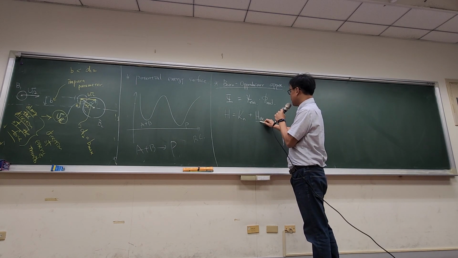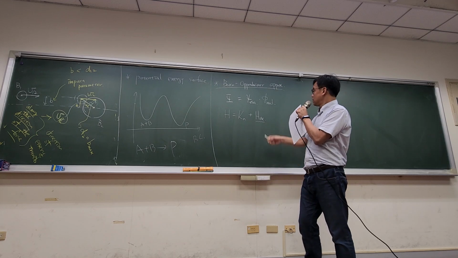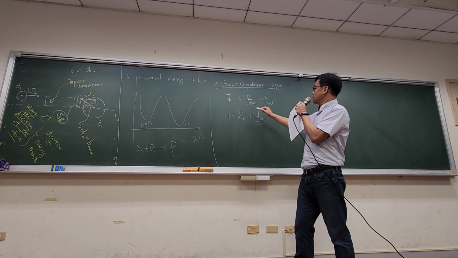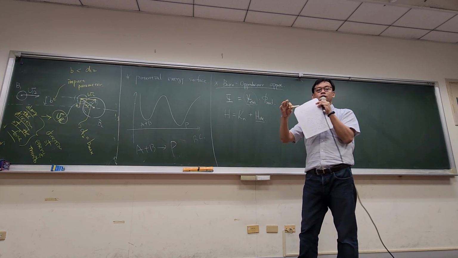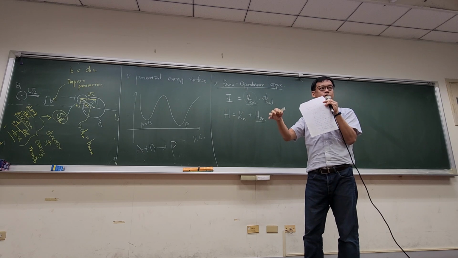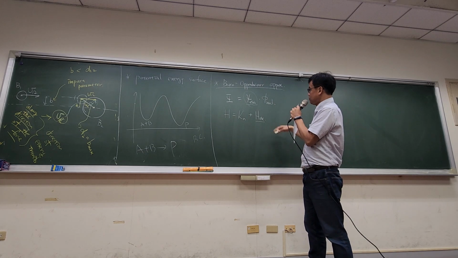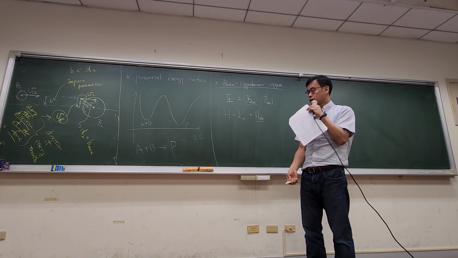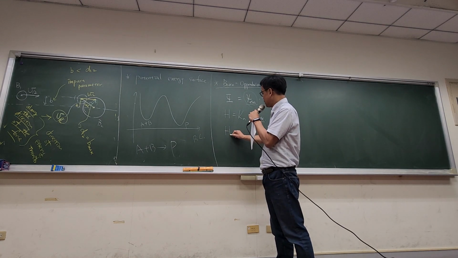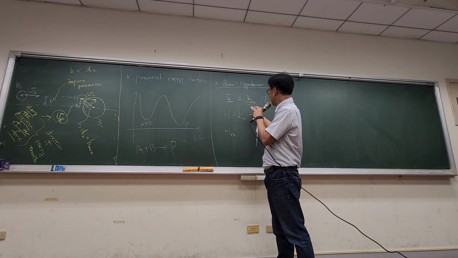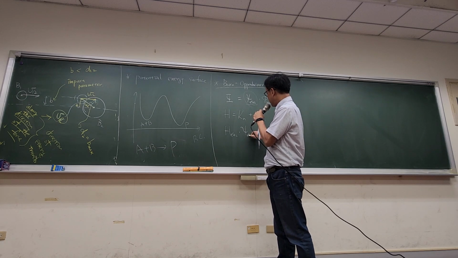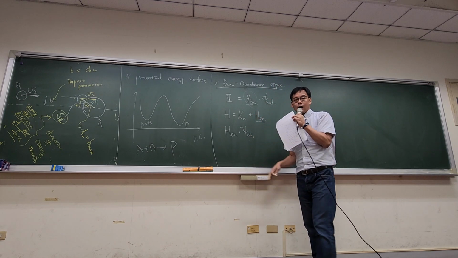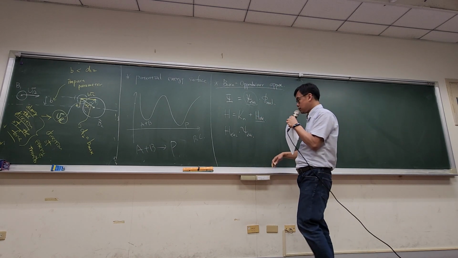And your electronic Hamiltonian solves the electrons in the ground state, an eigenstate, a stationary state of the system. Then you solve the electronic part of the problem. Those electronic wave functions are eigenfunctions of your electronic Hamiltonian.